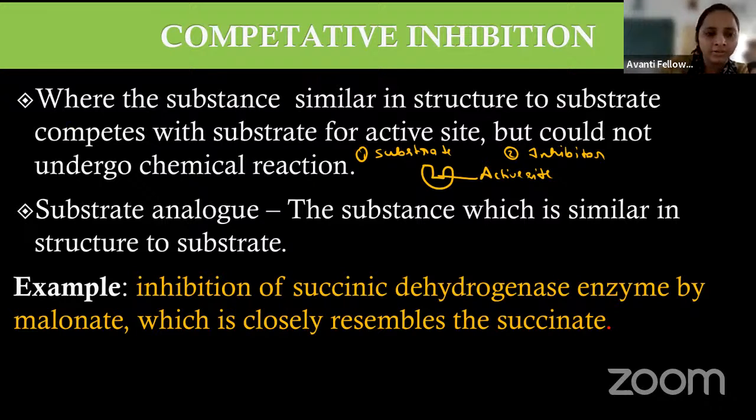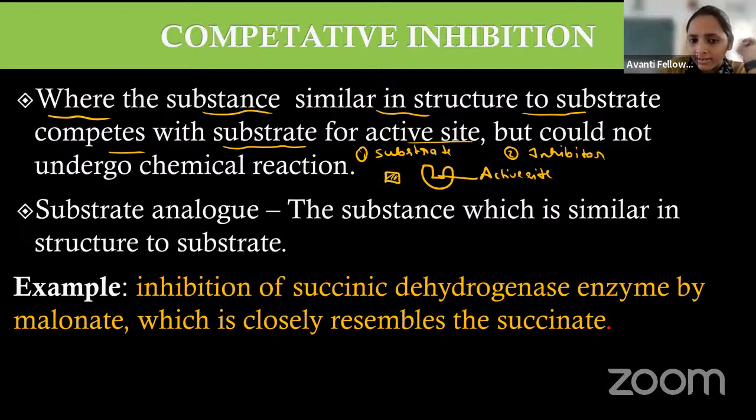What will happen in the competitive inhibition? A substance similar in structure to the substrate competes with the substrate for the active site. The inhibitor looks similar to the substrate, so that's why it is competing for the active site. Whenever the substrate comes and binds, it is converted into the product.